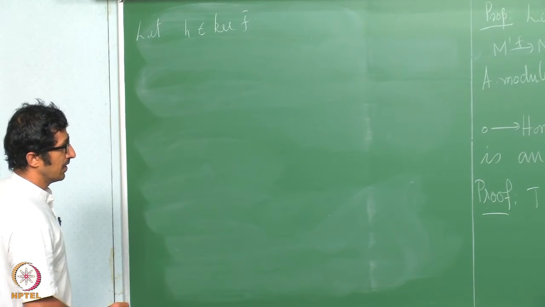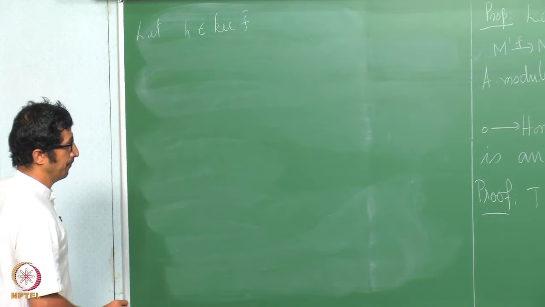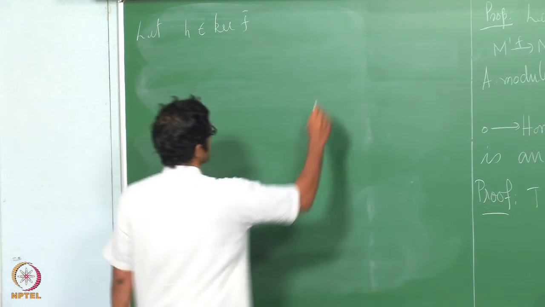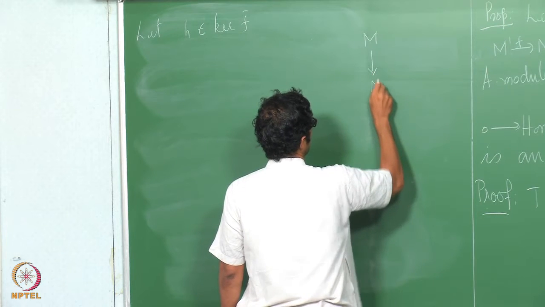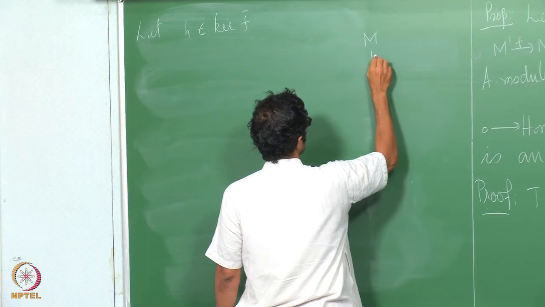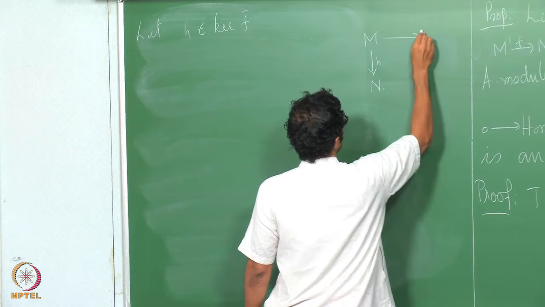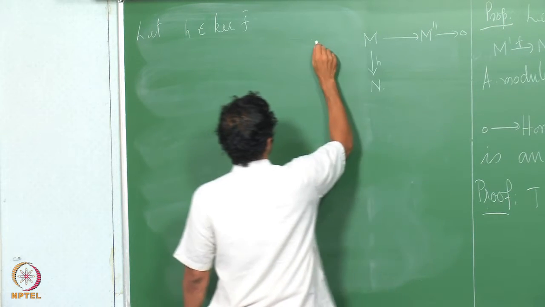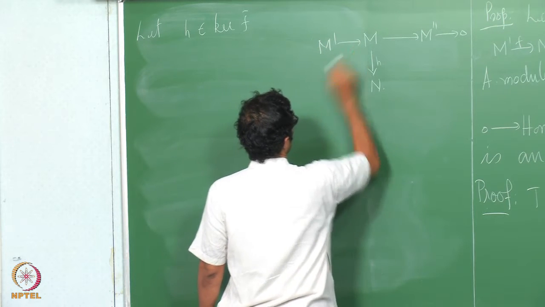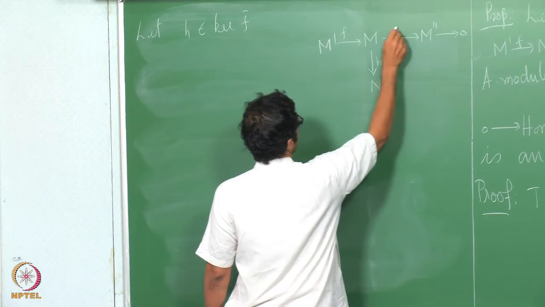H is a homomorphism from m to n. So, I have m to n, this is H, I have these maps m double prime and m prime, this is f, this is G.